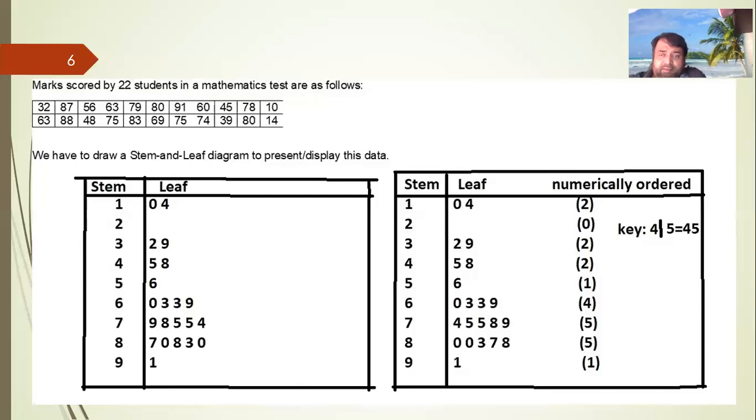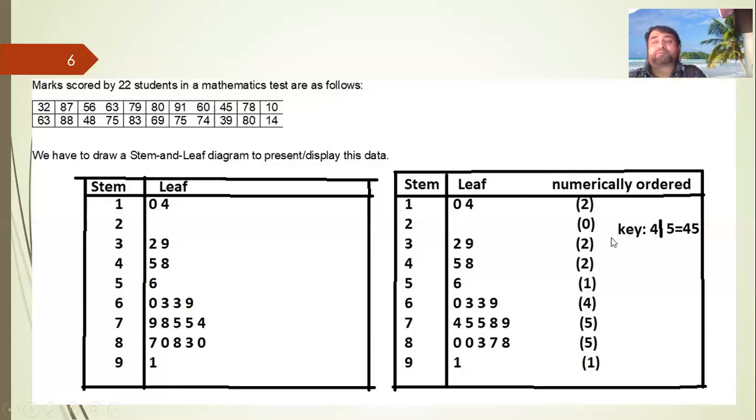Then in the fourth leaf, there are 2 data. This is what we always have to write down, and it mentions the frequencies for every leaf. So we make a vertical column to the right of every leaf, writing down all the frequencies in brackets.